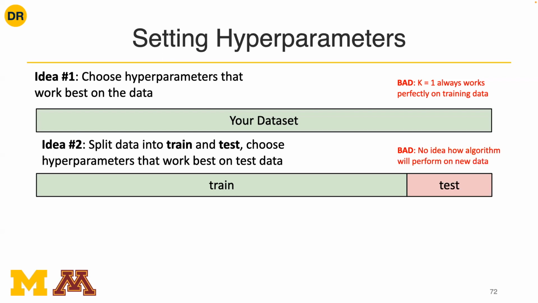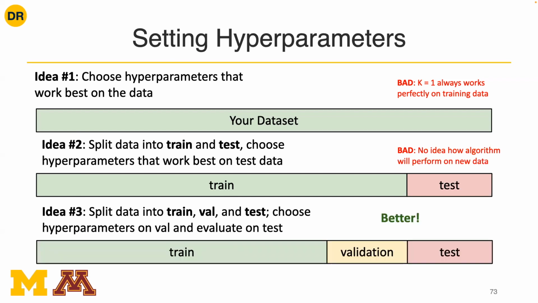The issue here, though, is that we don't know how the algorithm is going to work on new data if we're using this test set during our development to pick the best hyperparameters.